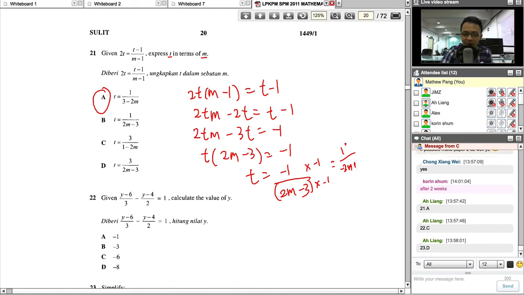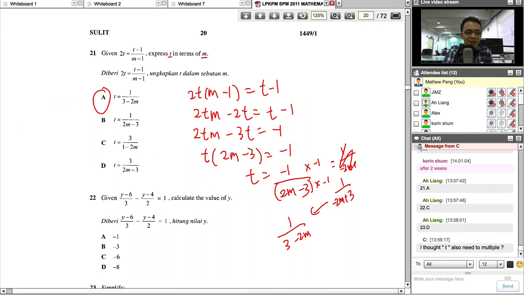So I write 1 over negative 2m plus 3. Then I can rearrange this to 1 over 3 minus 2m. Yes, this is normally how I change it. But if you understand this part, you can do it quite fast.